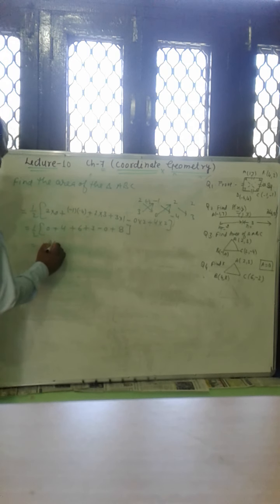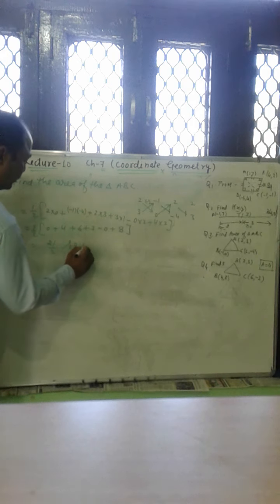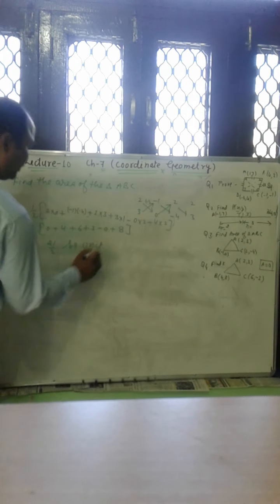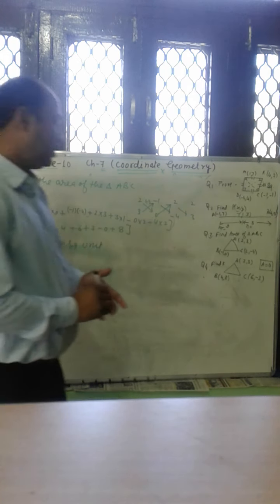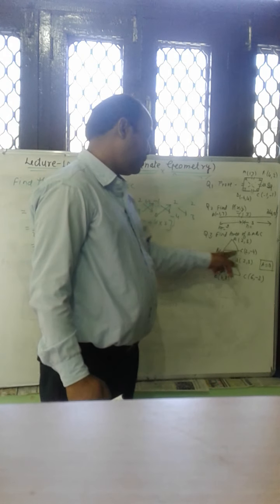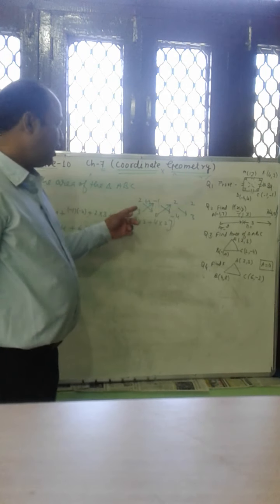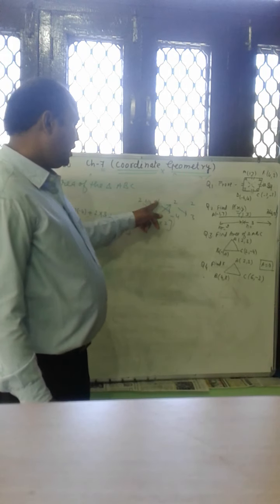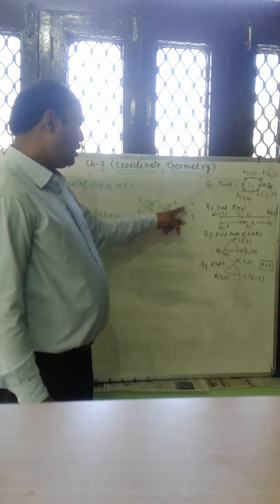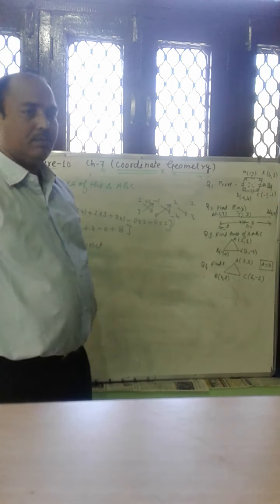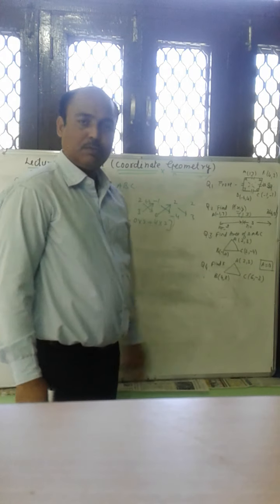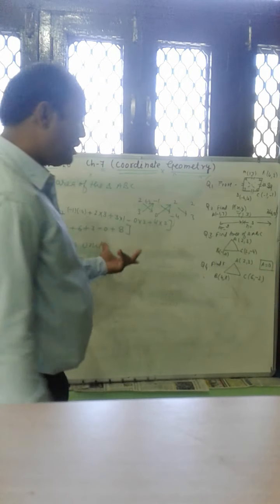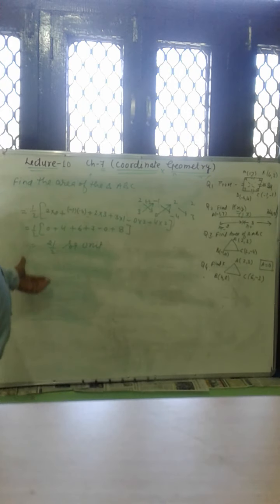This is 21 upon 2 square unit. This is the area of this triangle ABC, where x1 y1, x2 y2, x3 y3, and x1 y1, the formula we already discussed in previous lectures. Now this is our required result.